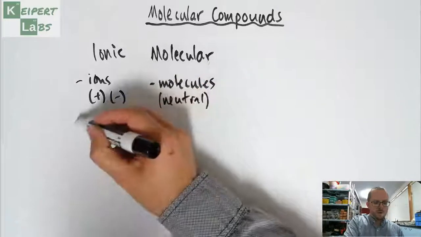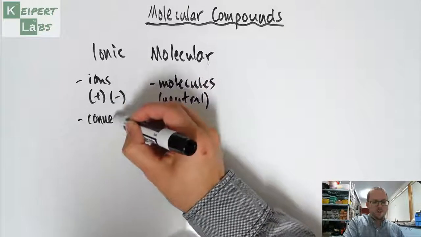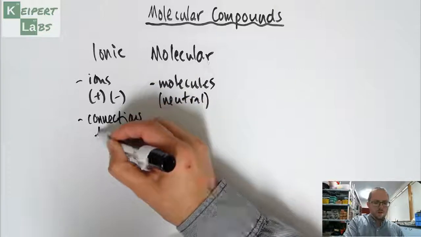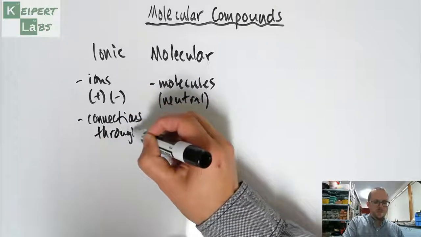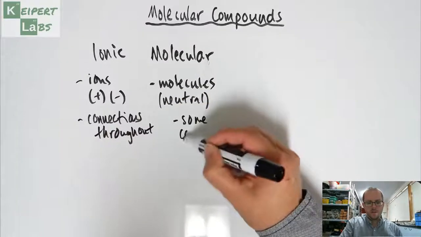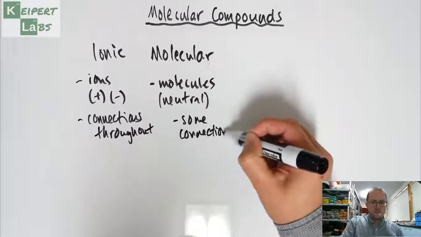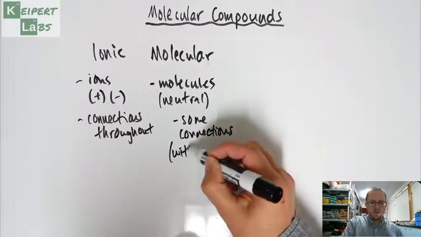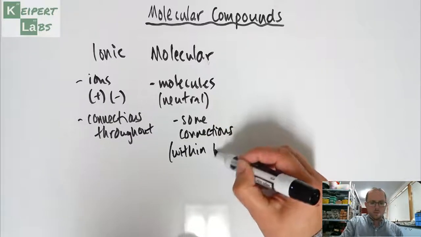With ionic, we're talking about connections throughout the whole structure, whereas molecular only have some connections. So that is connections within the molecule, but not between.